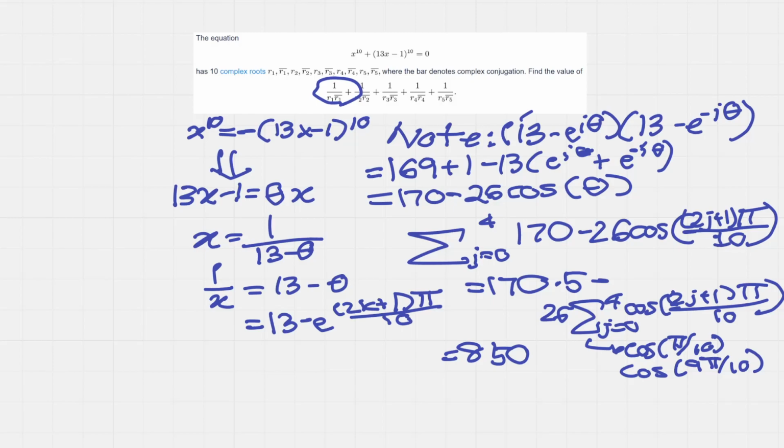One is the negative of the other because of basic unit circle properties. So in our summation, these terms will cancel out with each other. And similarly, j equals 1 and j equals 3 will also cancel out with each other to produce 0. So the only term that doesn't cancel out is j equals 2, which gives us cosine of 5 pi over 10. But cosine of 5 pi over 10, which is cosine pi over 2, is just 0 as well. So in fact, this whole summation just reduces to 0.